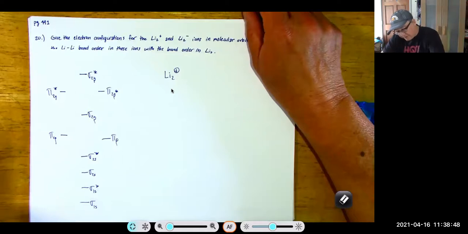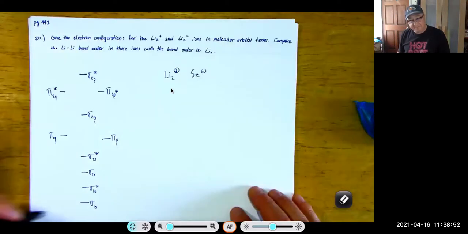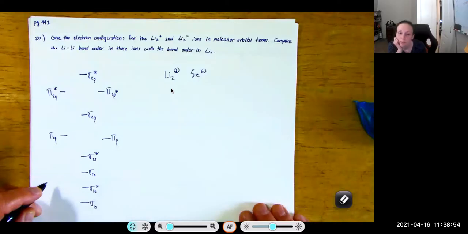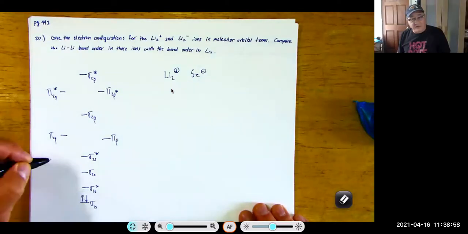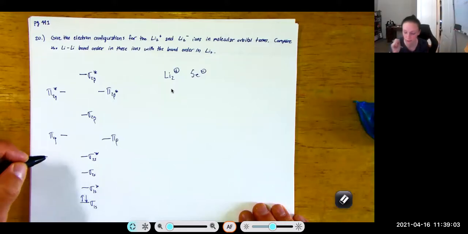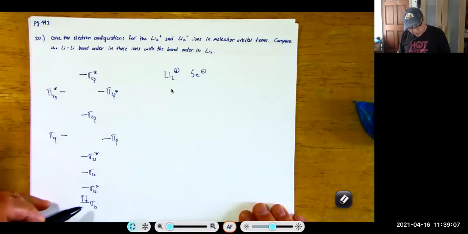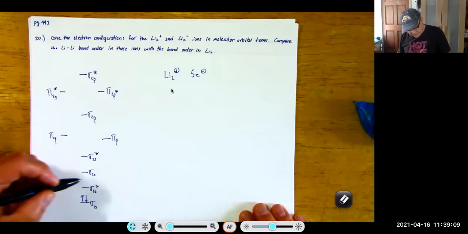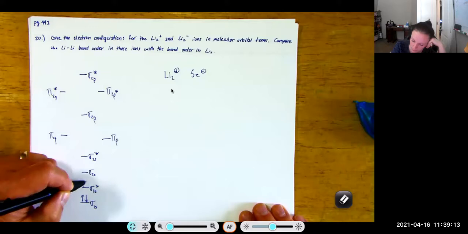So we're looking at 5 electrons. Where are we going to put them? In the 1s. Not all 5 of them, right? So from least to most, or most stable to least. 1s, 2 of them there, then where? Sigma star 1s.